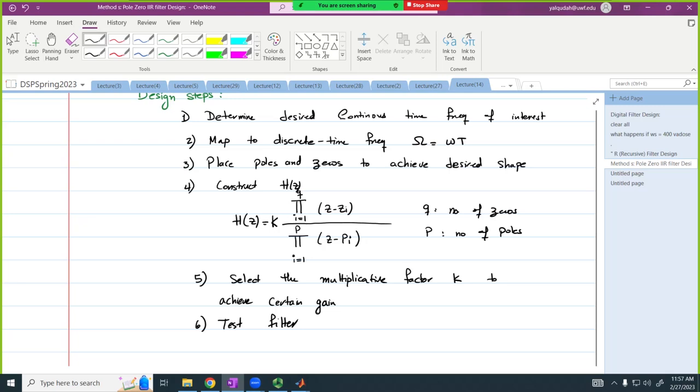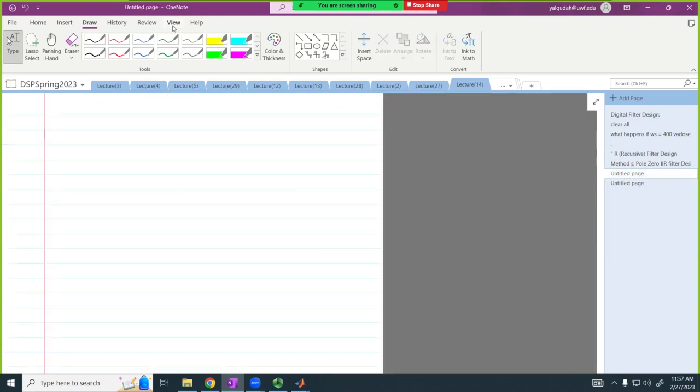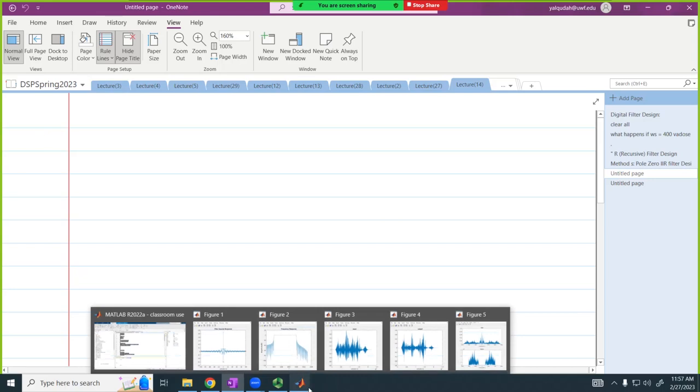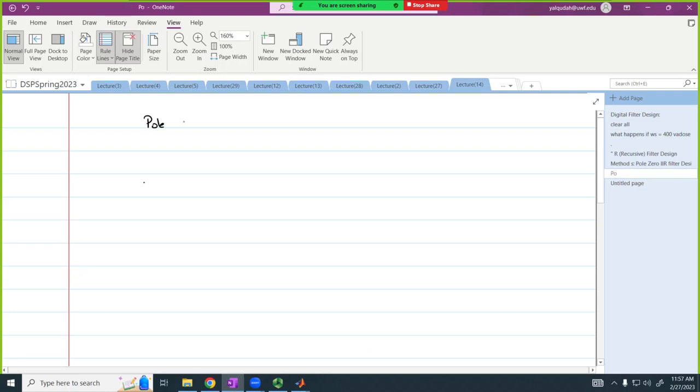So let's look at some examples using the pole zero placement method. And we're going to look at a low pass filter, a high pass filter, a band pass filter, and a band stop filter.